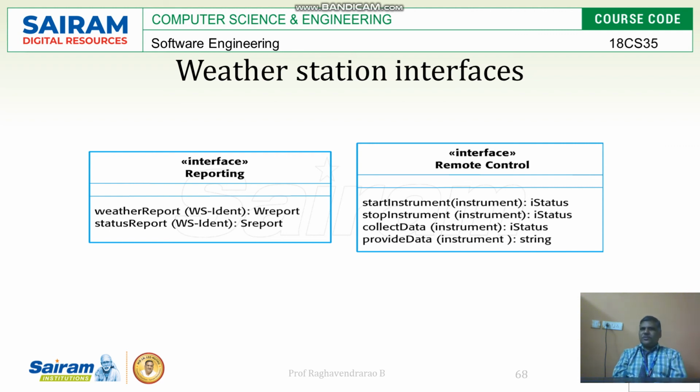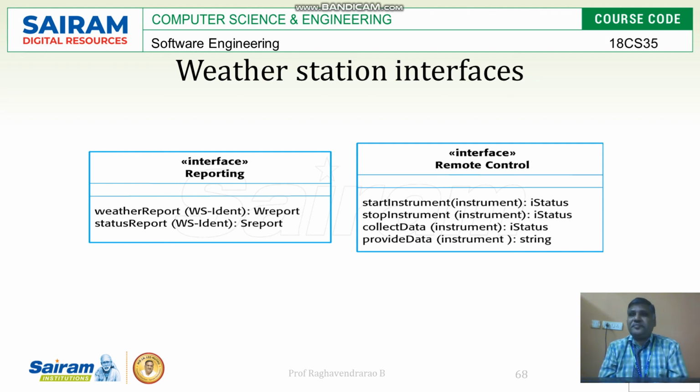The weather report is a function, and the status report is a function; there are the W report and the status report. In the case of the remote control, there are functionalities and instruments present.